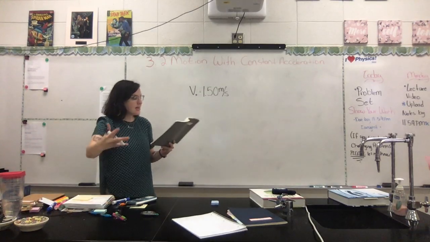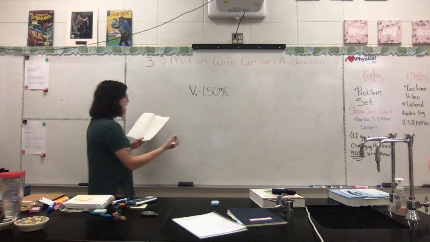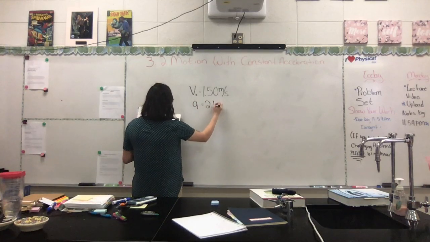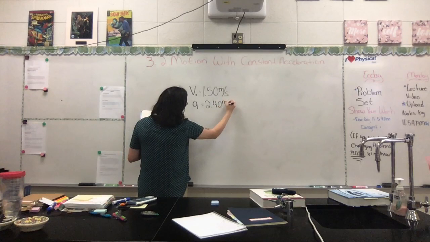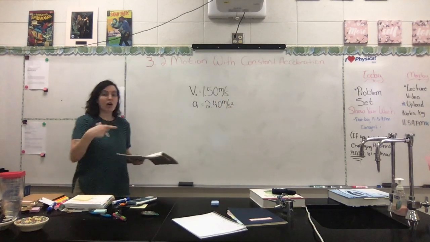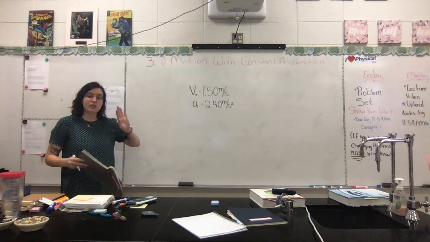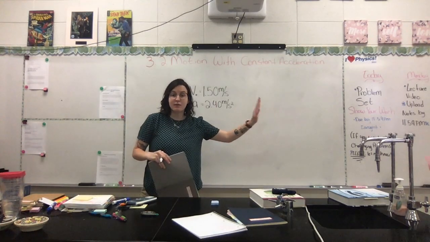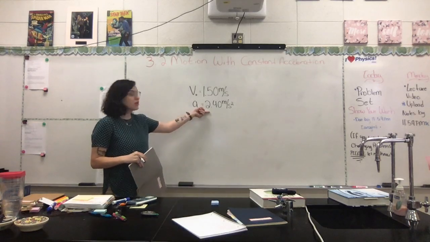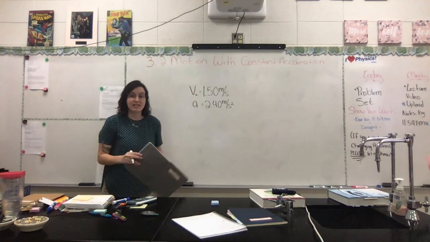When it throttles up, it has a constant acceleration of 2.40 meters per second squared. You'll notice that since it's throttling up, the acceleration is working with the velocity to push it further in the direction it's already going. So our acceleration is positive, just like our velocity.